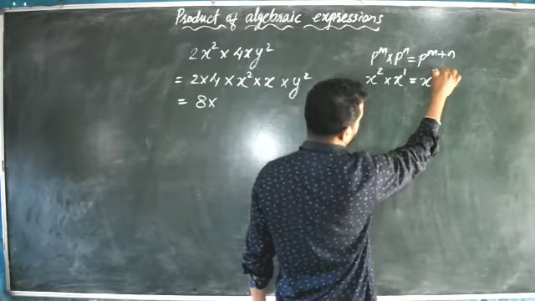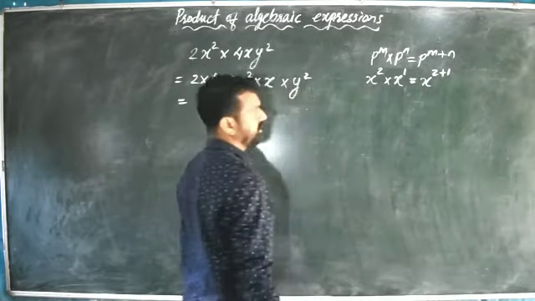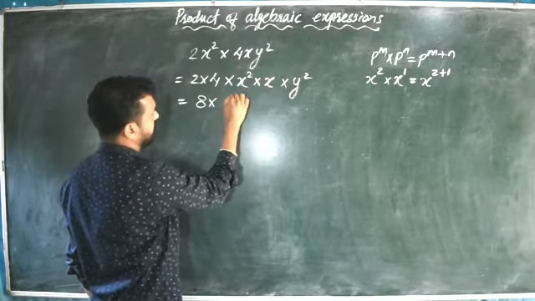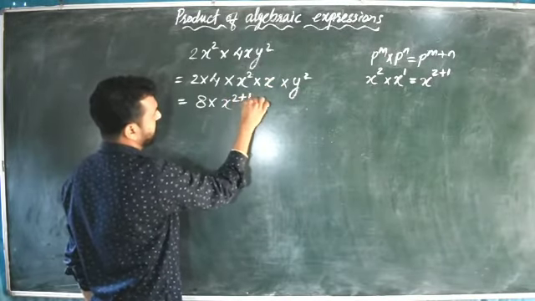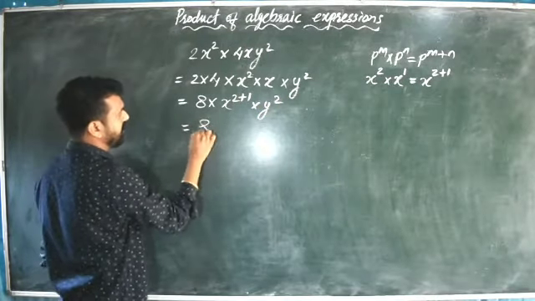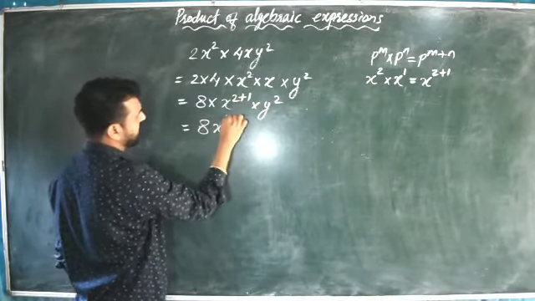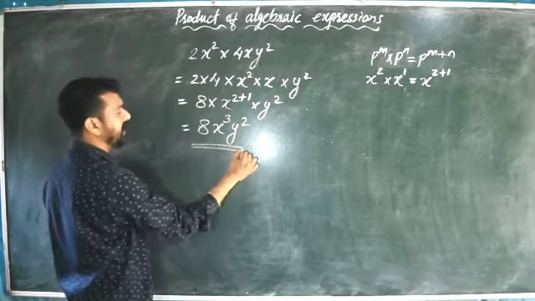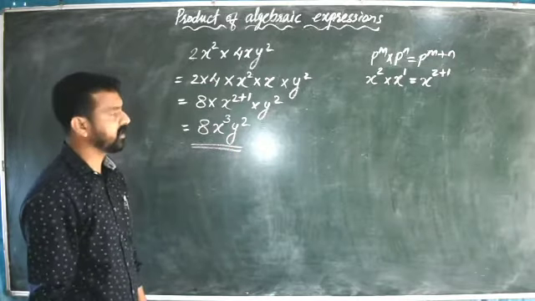So it will be x raised to 2 plus 1, into y raised to 2. That is equal to 8 x raised to 2 plus 1, that is 3, into y raised to 2. So 8x cube y square is the answer.